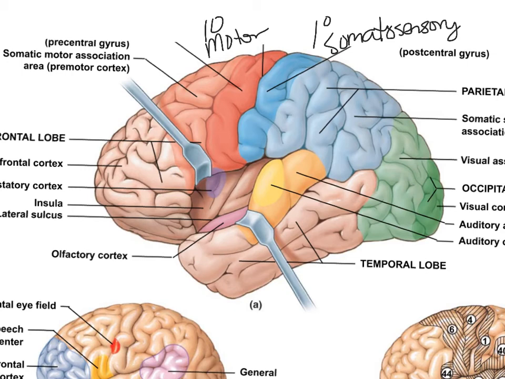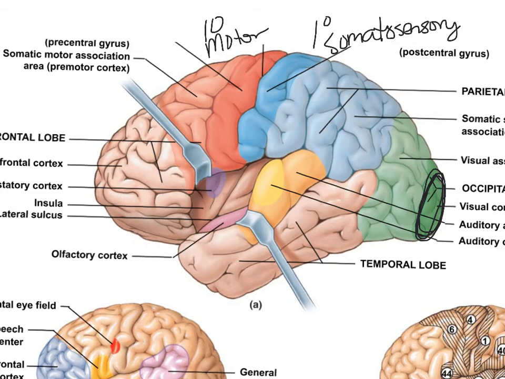Now I want to talk about the special senses, because they have to go somewhere. All of them except olfactory go to the thalamus first, and then they go to your cerebral cortex so you can be conscious of what you're sensing. In the occipital lobe, we have the visual cortex.